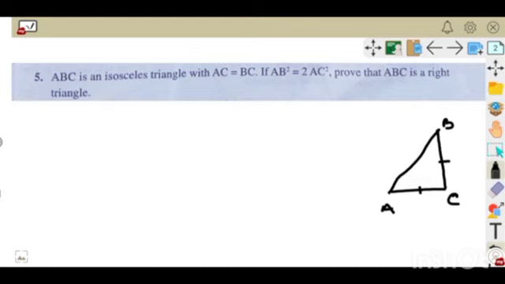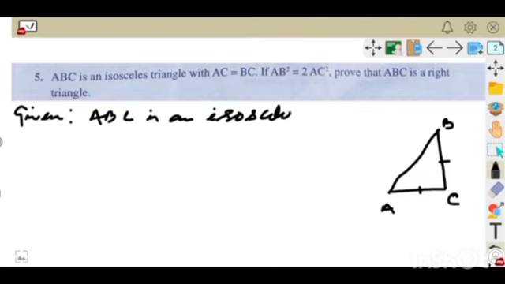Okay, now let's start the solution. Let me write given directly here. Given. In given, what we're going to write? We're going to write here ABC is an isosceles triangle with AC equal to BC.